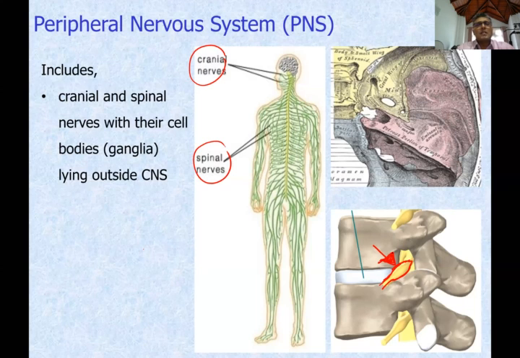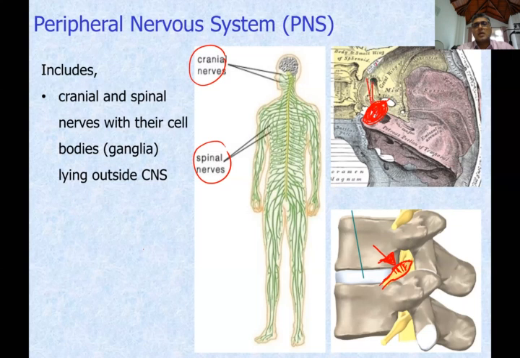Similarly, you have ganglia related to the cranial nerves. Spinal nerves will have dorsal root ganglia outside the central nervous system. Cranial nerves will have cranial nerve ganglia outside the brain. Now, they can be inside the cranial cavity, but outside the brain. You have one famous ganglion here, which is called the trigeminal ganglion, which includes the sensory cell bodies of the trigeminal nerve.